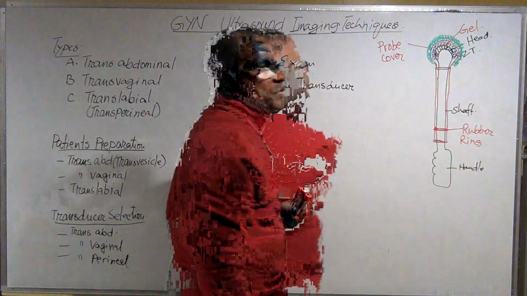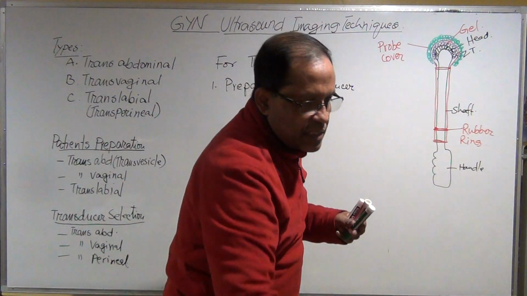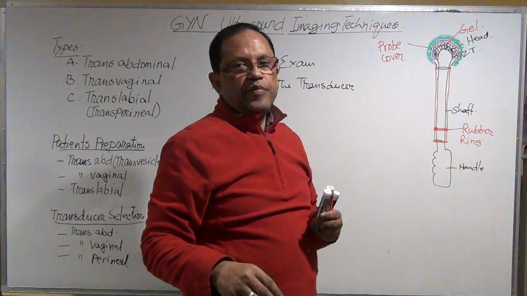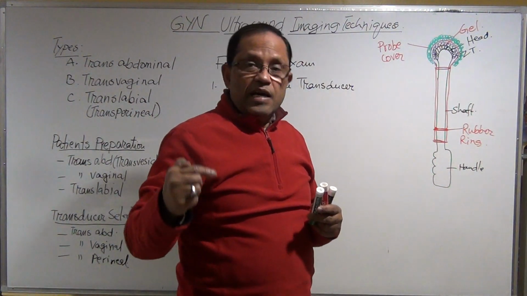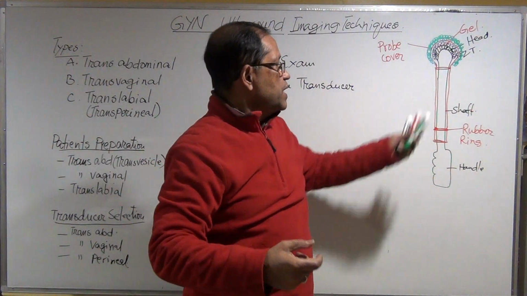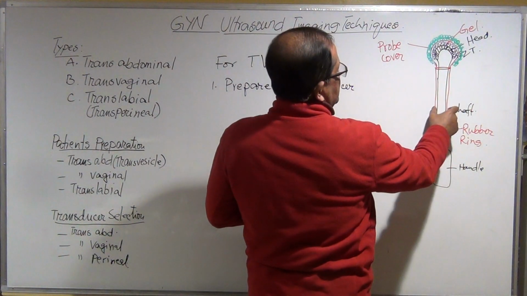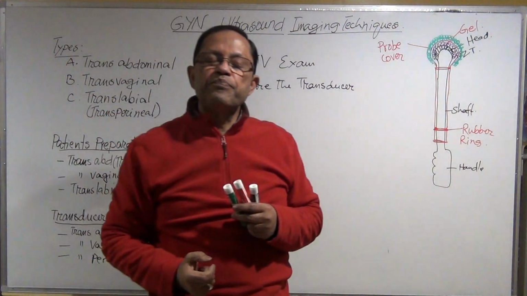Then give it to the patient and ask the patient to just insert it into the vagina. And the patient knows where the vaginal canal is. It is in the patient's hand. Okay? You can do one thing, you can hold the hand, the patient will touch here and the patient will push it through the vagina.